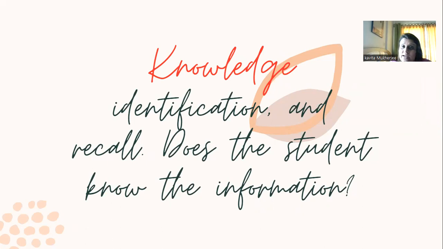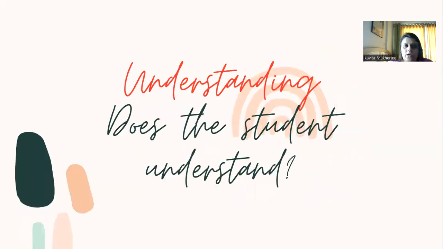You can have questions starting with words like identify, list. In the knowledge section, the student is only able to retain the information. The student doesn't go into the depth of the topic.